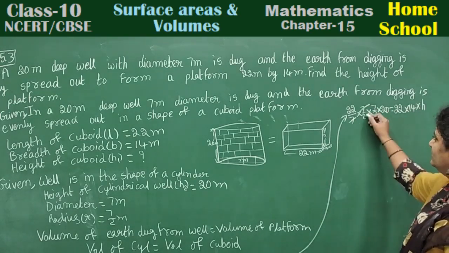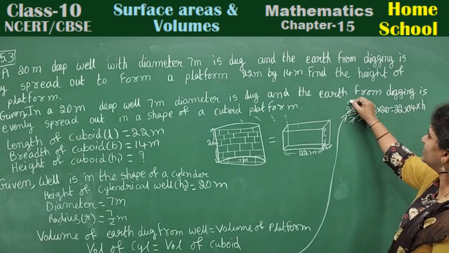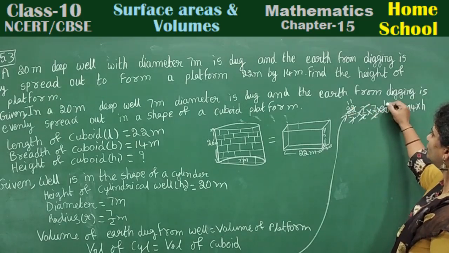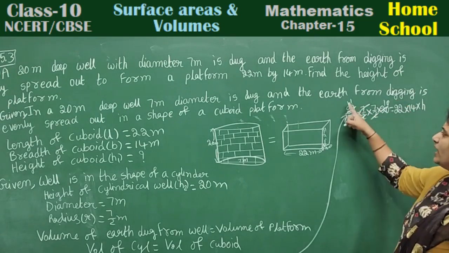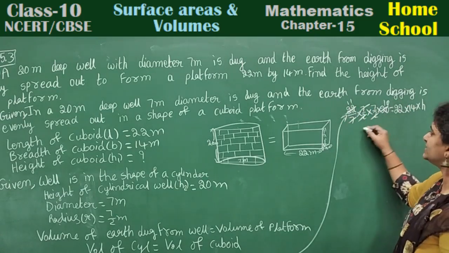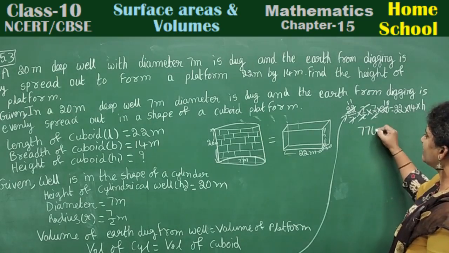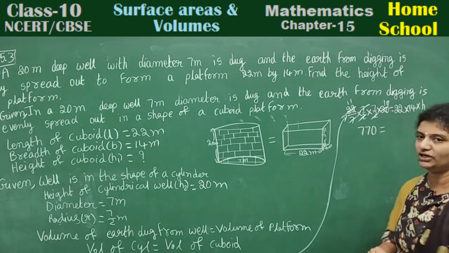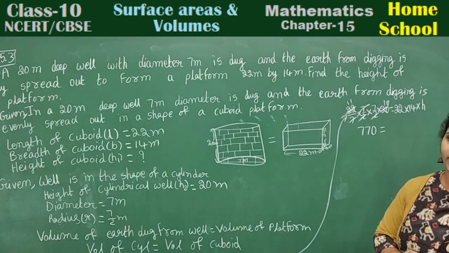7 cancel. 2 11s are, and here 2 10s are. What are you left with? 11 7s are 77. 77 10s are 770 is equal to 22 into 14, multiply, children.